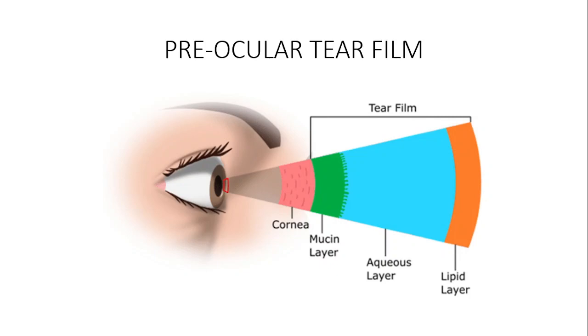Now let's talk about the aqueous layer. What is the major source of the aqueous layer? It is produced by, one, the main lacrimal gland that we have spoken about in previous lectures.